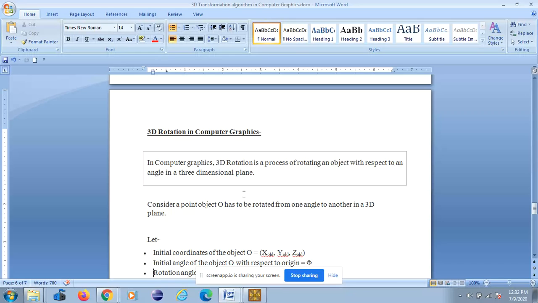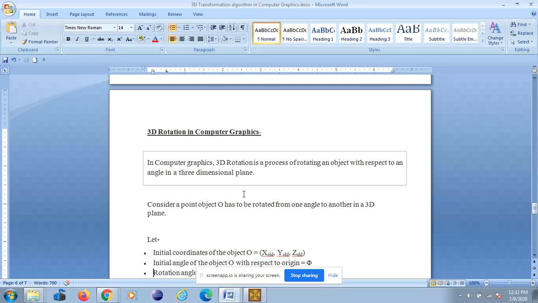Before that, I discussed the translation technique in 3D transformation, what translation is, and its implementation. I hope you did that program at home too, because if you do it at home, then you will understand better.